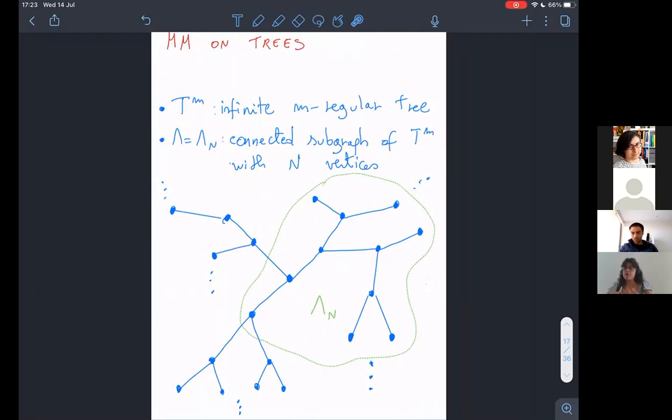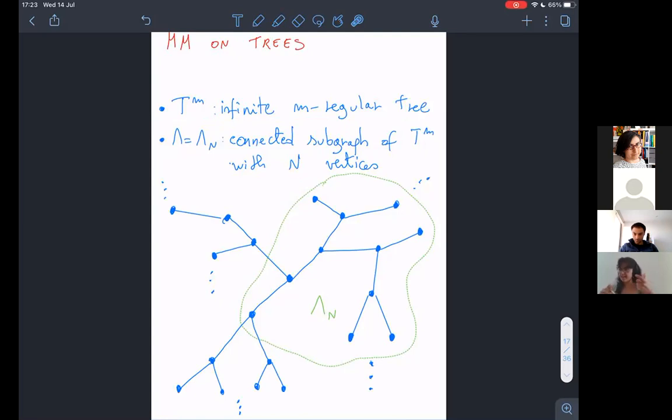And in the final 10 or perhaps 8 minutes that I have, I would like to present you our results. So here what we are doing is we are replacing the square lattice with the tree. I have the infinite Z^d lattice, which is now replaced by an infinite m-regular tree. And on the infinite regular tree, my box lambda is going to be replaced by essentially a subtree of T_m, which now has n vertices.